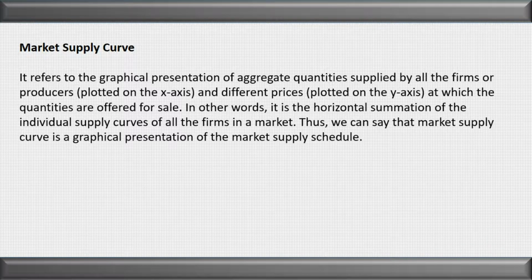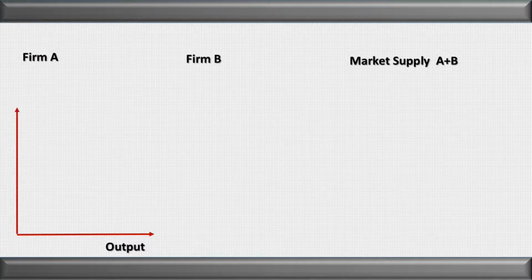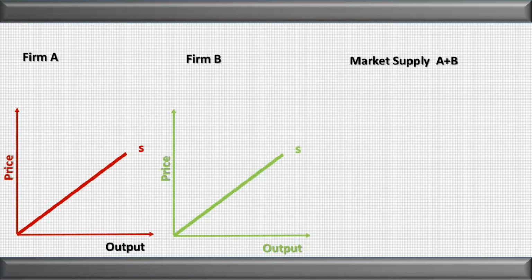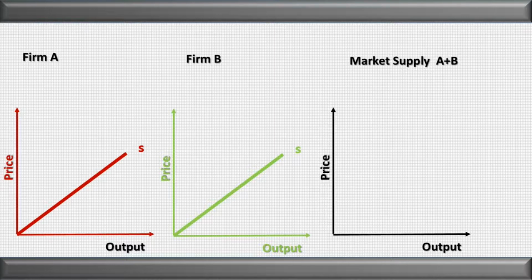It is a graphical presentation showing different quantities of a commodity made available by all the firms at different prices. This curve shows the supply made by A and the supply made by B, and market supply is the sum total of the supply made by A and B.